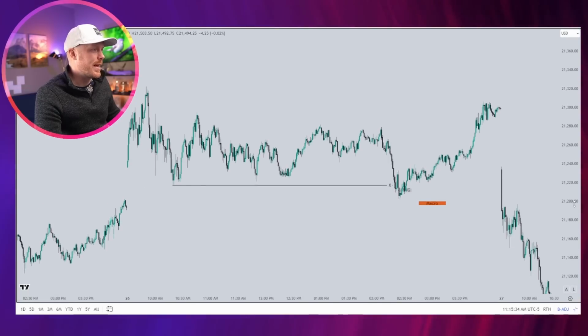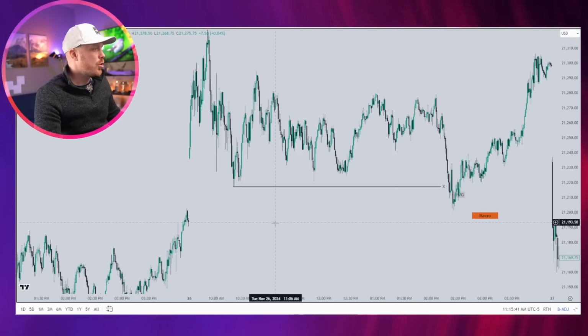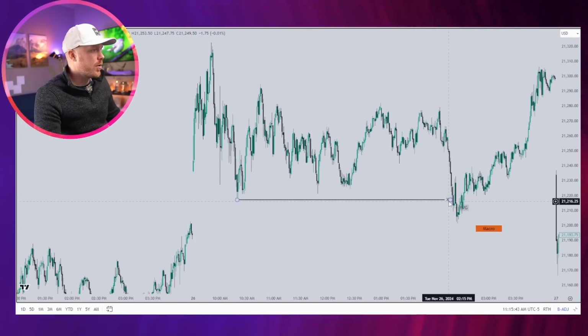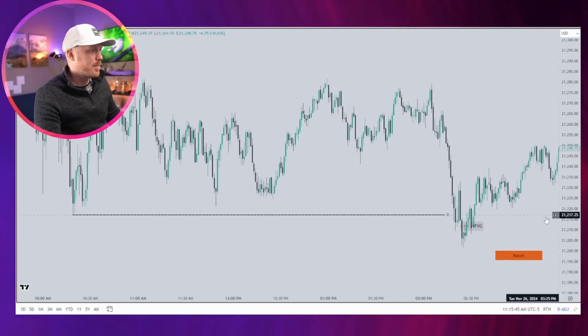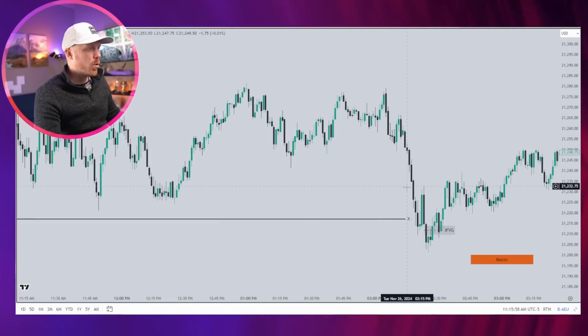Okay, here's another example. This is the one example where the low of day is created prior to macro time. We can see the low of day right here, noted by the X, and then we see a spooling of price lower. See how it's consecutive black candles just spooling lower? This is during the 2 p.m. macro. Now, we create the low of day around 2:30, 2:25, so I marked it out anyway.